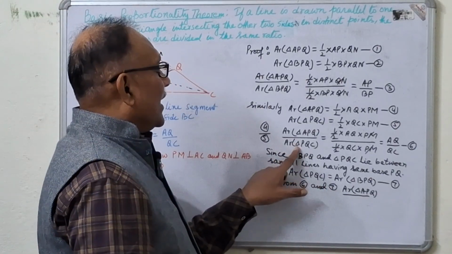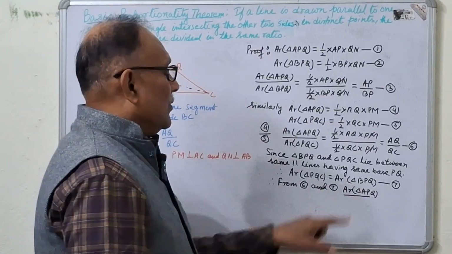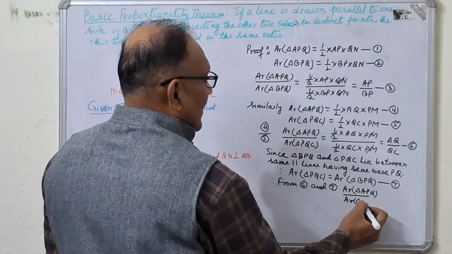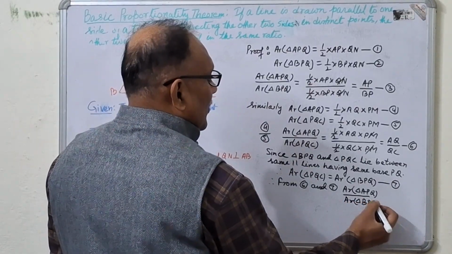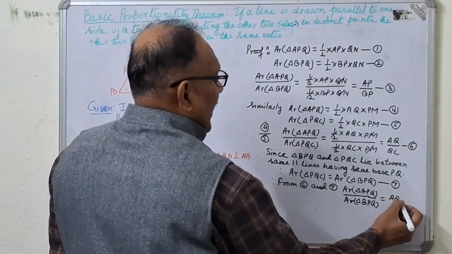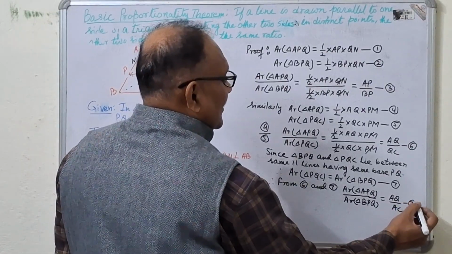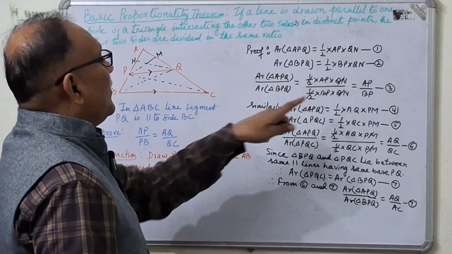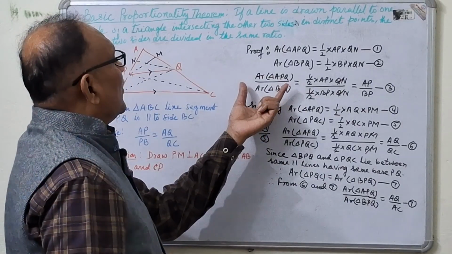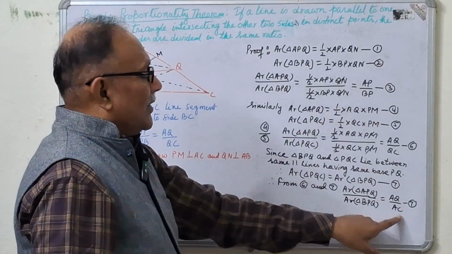So in place of area of triangle PQC, we can write area of triangle BPQ. So the ratio of area of triangle APQ to area of triangle BPQ is equal to AQ upon QC. Now from equation 3 and equation 7, both equations have their left side equal, so their right side will also be equal.